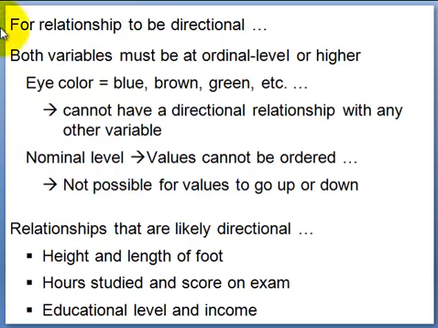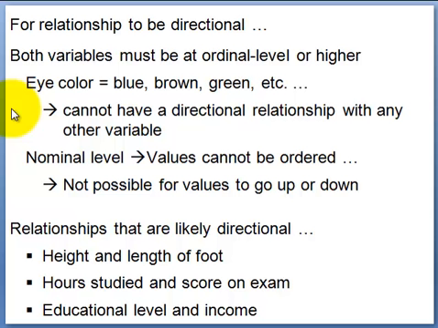For a relationship to be a directional relationship, it must be the case that both variables in that relationship are at the ordinal level or higher. So consider the variable eye color: blue, brown, green, etc. Eye color cannot have a directional relationship with any other variable.